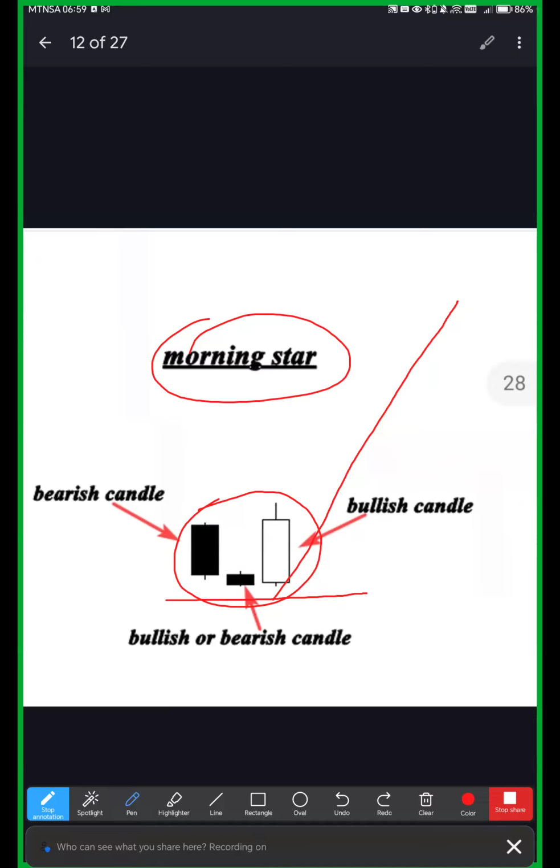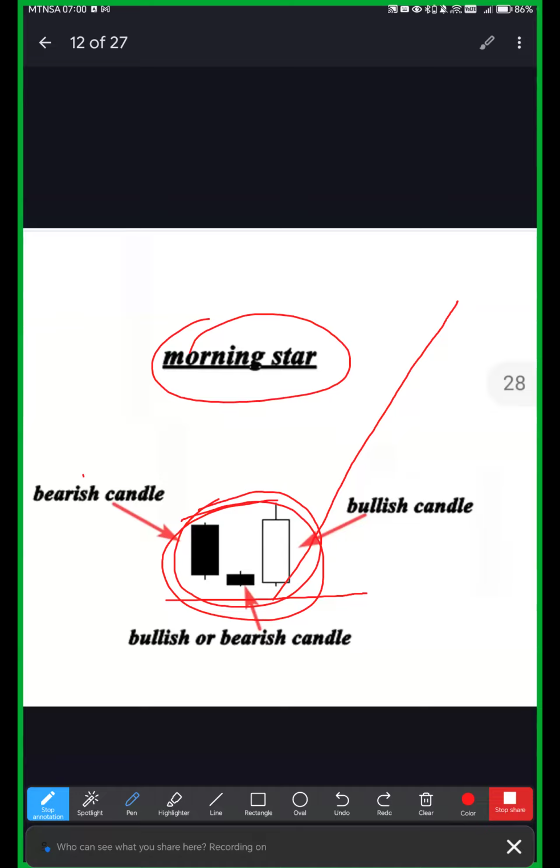If you are a spot trader or a futures trader, it is time to do some longs. It is time for you to do some spot trading, understanding that in spot trading we only consider the upward movement of price. So this is what we call a morning star candlestick chart pattern. It comprises 3 candles.